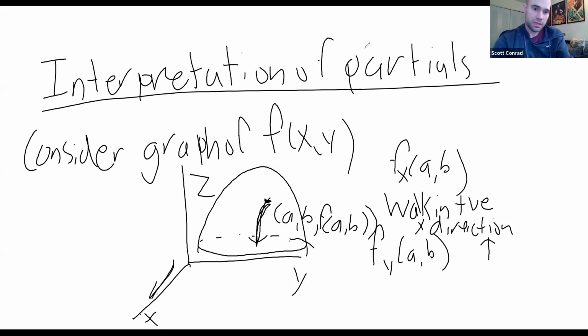So if you're walking in the positive x direction, you're going to trace out some curve, this guy here, and then the slope is just going to be the slope of the tangent line to that curve at the point a, b.